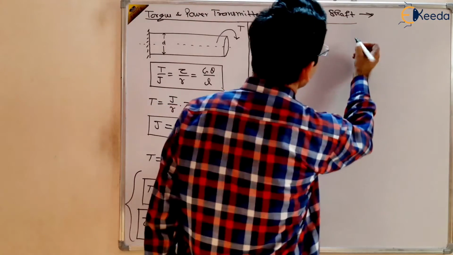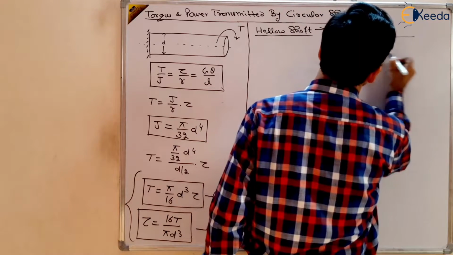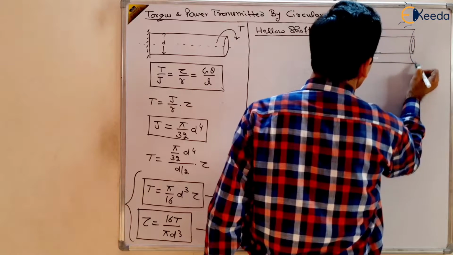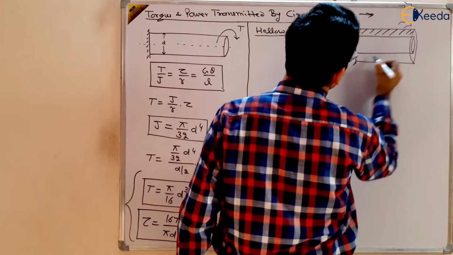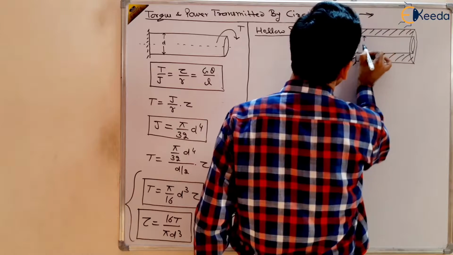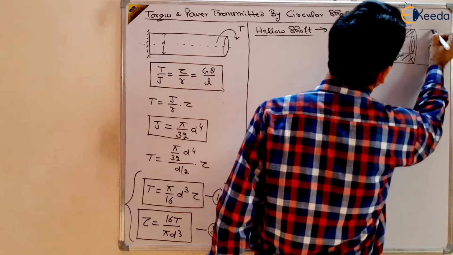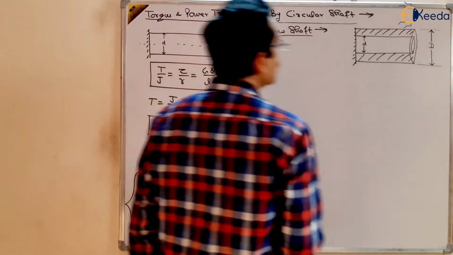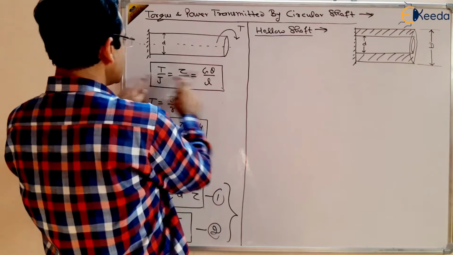Suppose this is our hollow shaft, where the material is here only, the inner diameter is small d and the outer diameter is capital D. You should know this equation is valid here also.